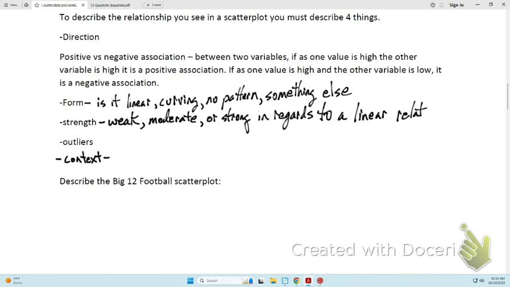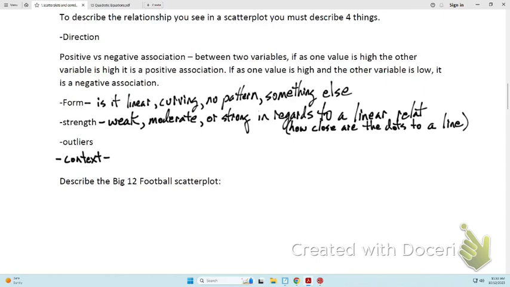How close are the dots to a line? And it's just a guess.